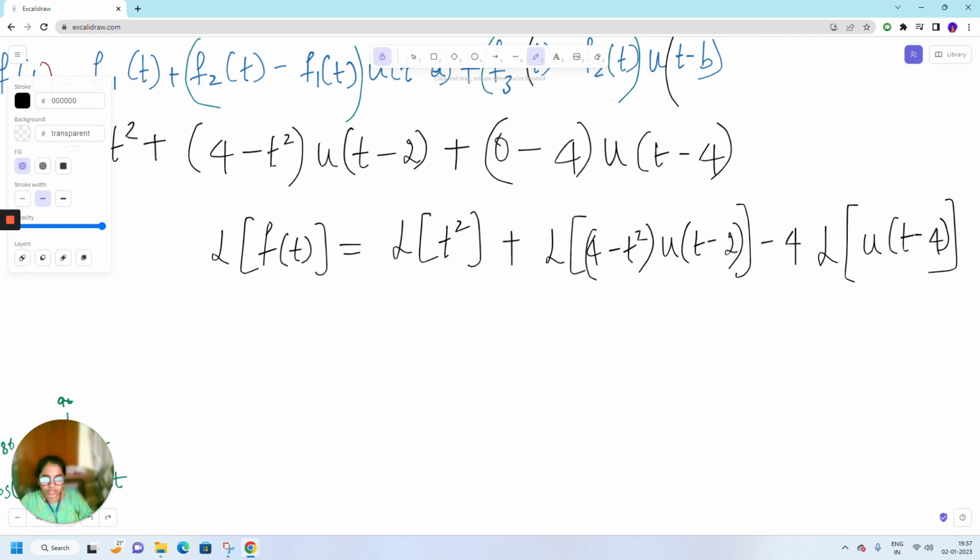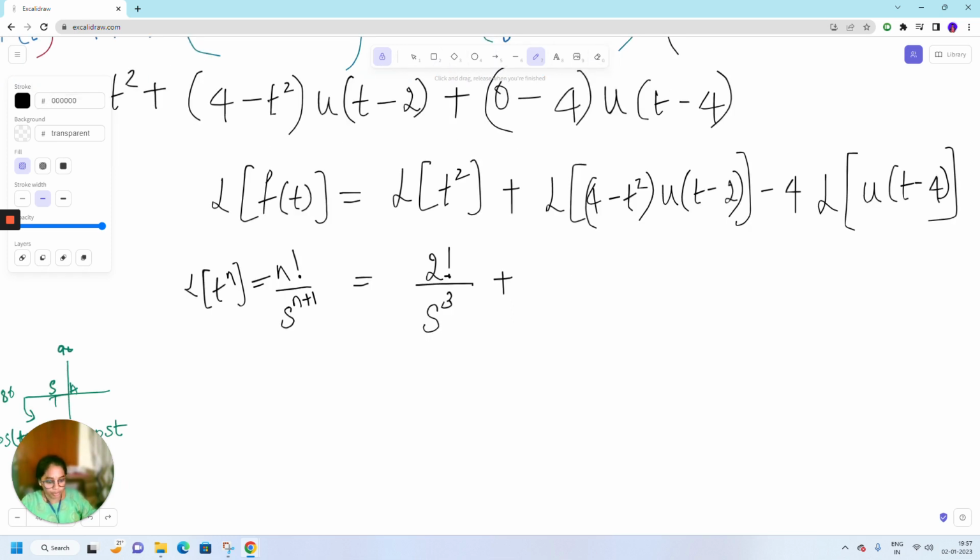Okay. So what is Laplace of t square? That is t to the power n. Laplace of t to the power n is equal to n factorial divided by s to the power n plus 1. So this would become 2 factorial divided by s to the power 2 plus 1, that is 3. Plus, for this I would have to apply the second property.